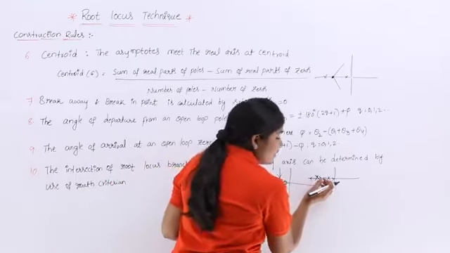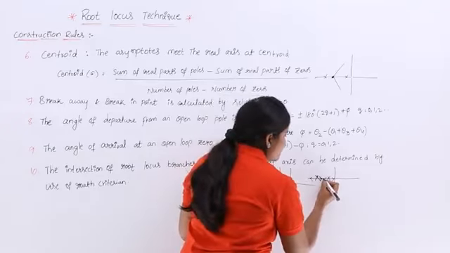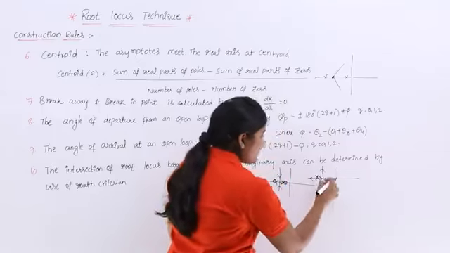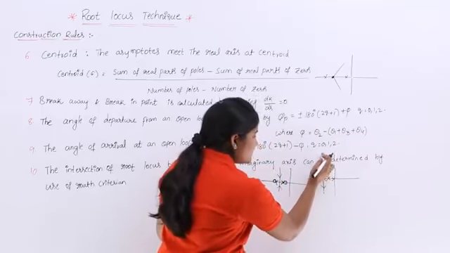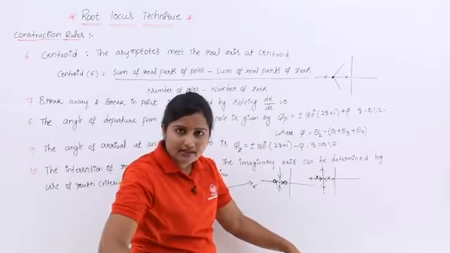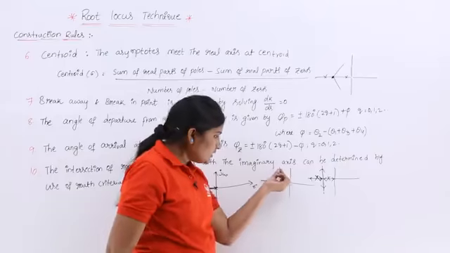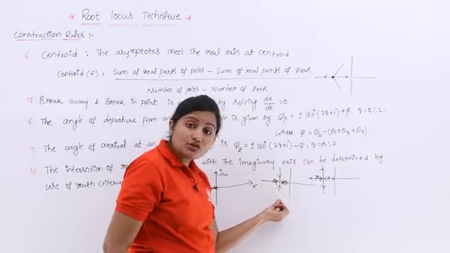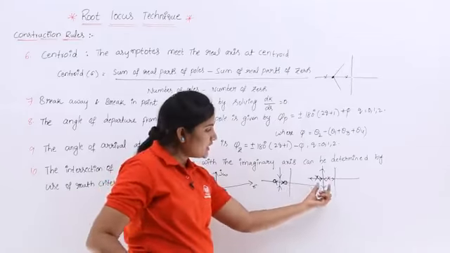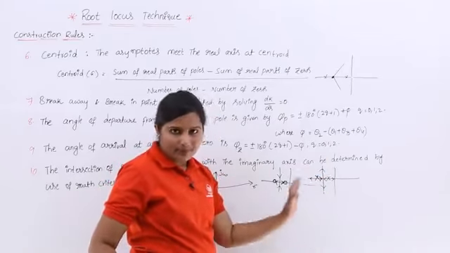So here, when you are drawing the arrow marks away from those poles, this line may go like this or like this. The direction may be like this or like this. That means breakaway points, going away from poles. Coming to here, this is going to the zeros, that means the arrow marks are going into the zeros. Here the arrow mark is going away from the poles.